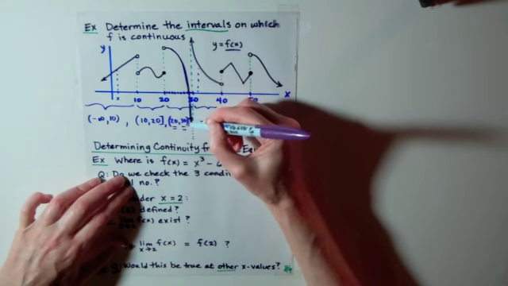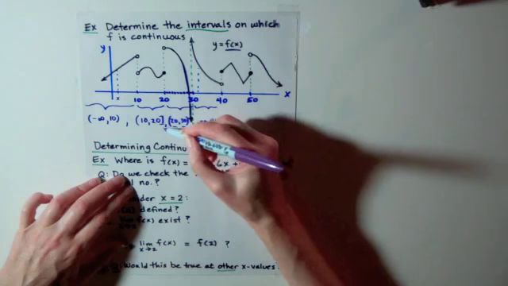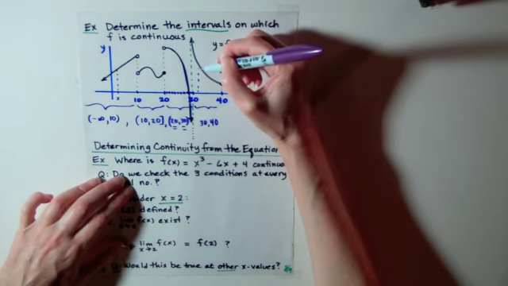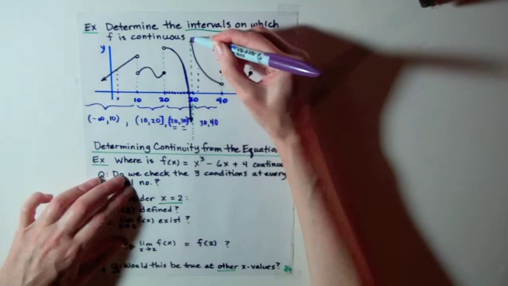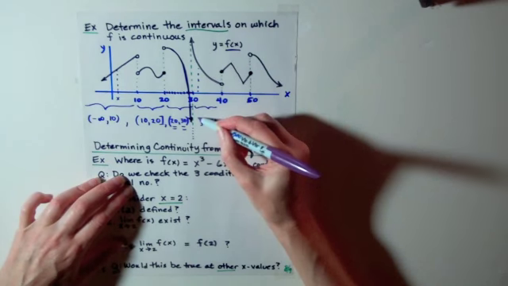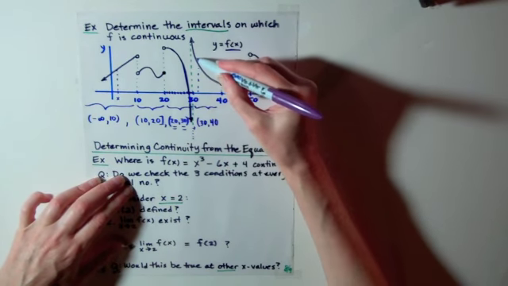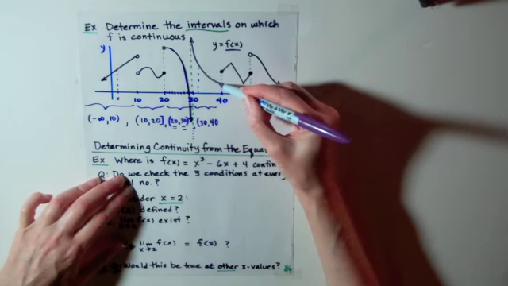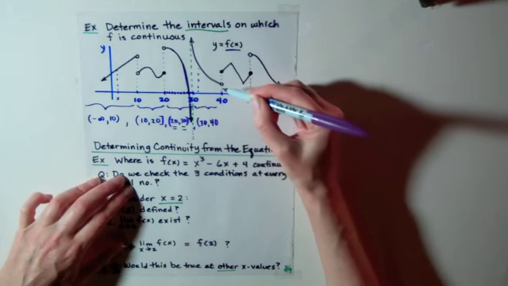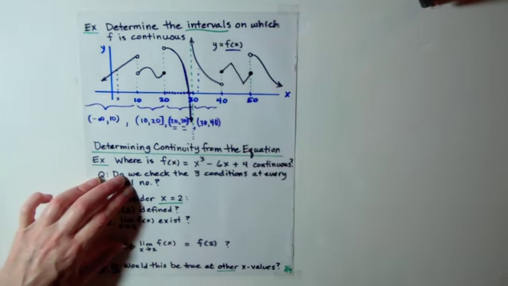Just as we said here next to the 30, we needed a rounded parenthesis for this interval. We also need a rounded parenthesis because there was no endpoint on the left-hand side of this chunk of graph. And if I look at the right-hand side of this chunk of graph, I have a hole in the graph there, and so I have to use a rounded parenthesis next to the 40 as well.